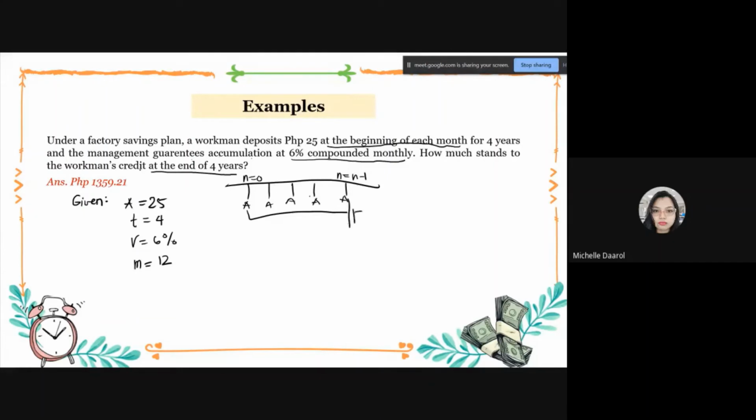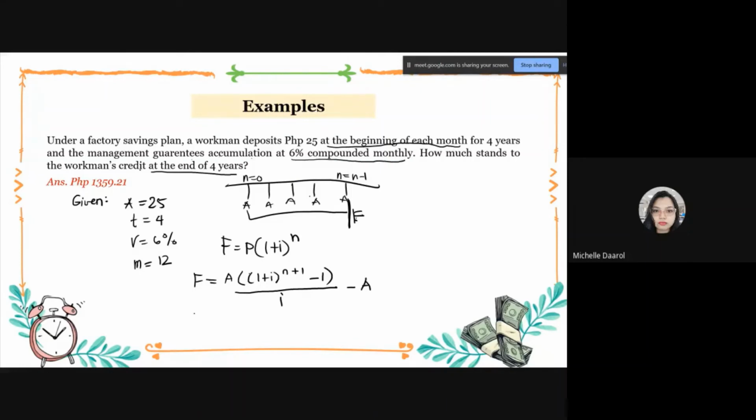So F is the future worth. Remember that future worth is P times 1 plus i raised to n. Going directly to the formula, the formula for future worth is A times 1 plus i raised to n plus 1, minus 1, over i, minus A. So we can solve this using the formula.